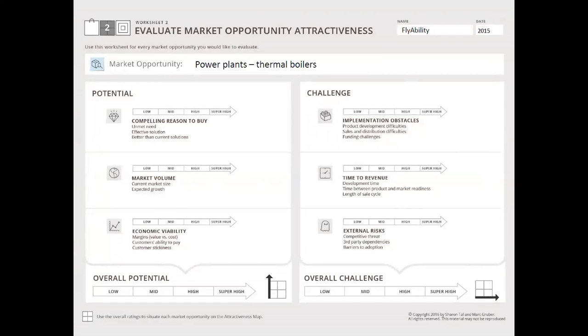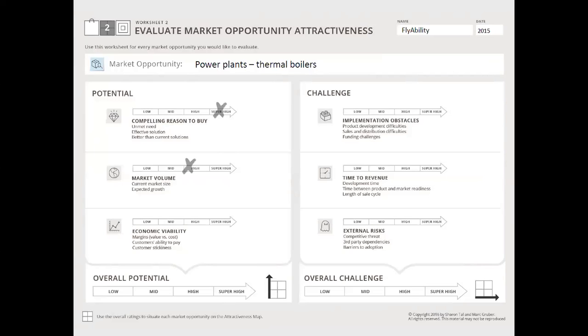So what the drone can do is fly around these boilers and heaters, take images, and do the inspection instead of sending people on the top. So the compelling reason to buy was super high.